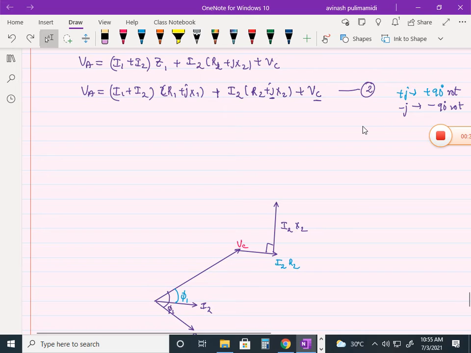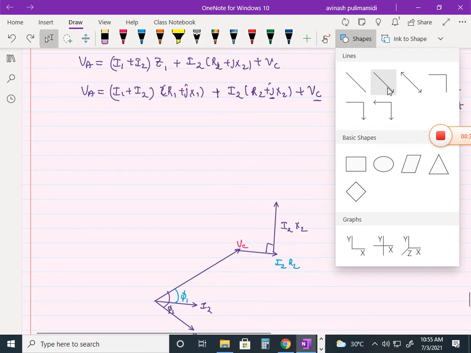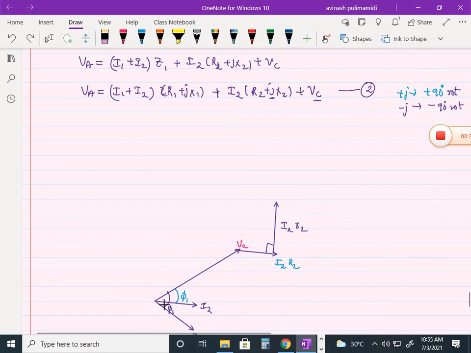Here is the total combination, so this will be the VB.